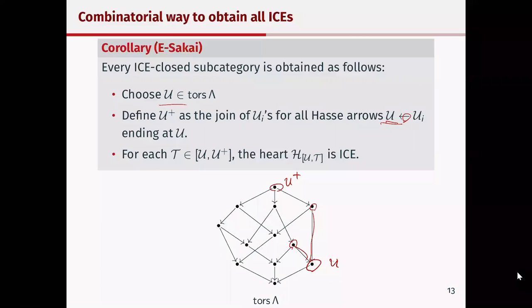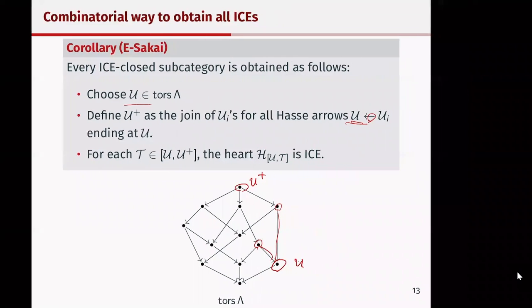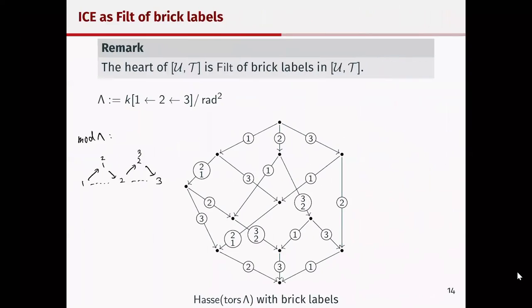This kind of description is not so explicit, but I can give an expression using the filtration closure of some bricks. The heart of this interval UT is the filtration closure of the brick labels in UT.